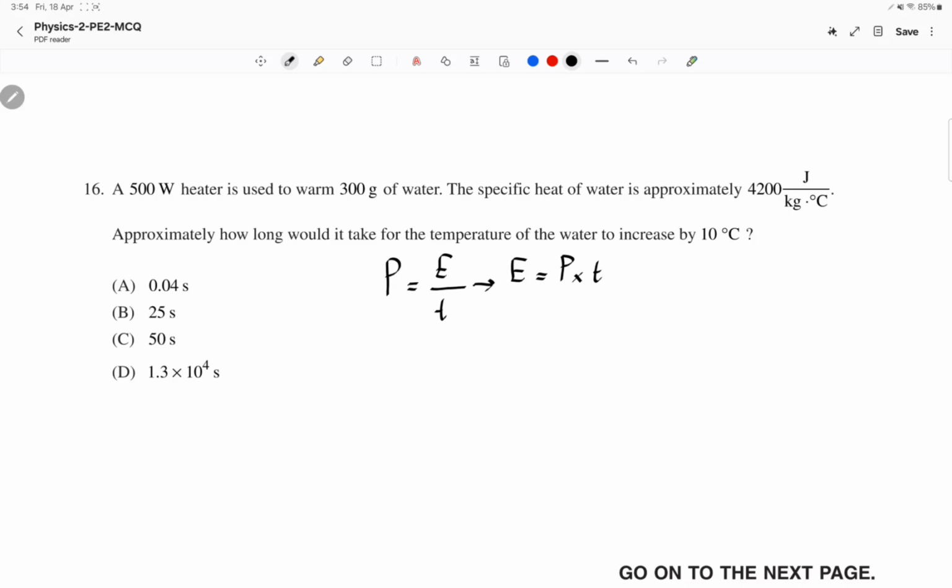Okay, but we don't know what the energy is. So energy here is just Q equals mc delta T. M is the mass, C is the specific heat capacity, 4,200. Delta T is the change in temperature, which is 10 Celsius. Actually, there is one thing that I missed here. This is in grams, that is in kilograms. I must divide my mass by 1,000.